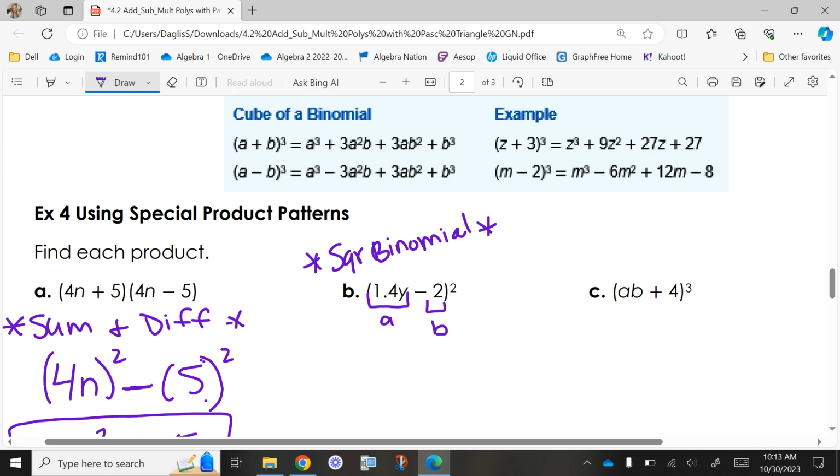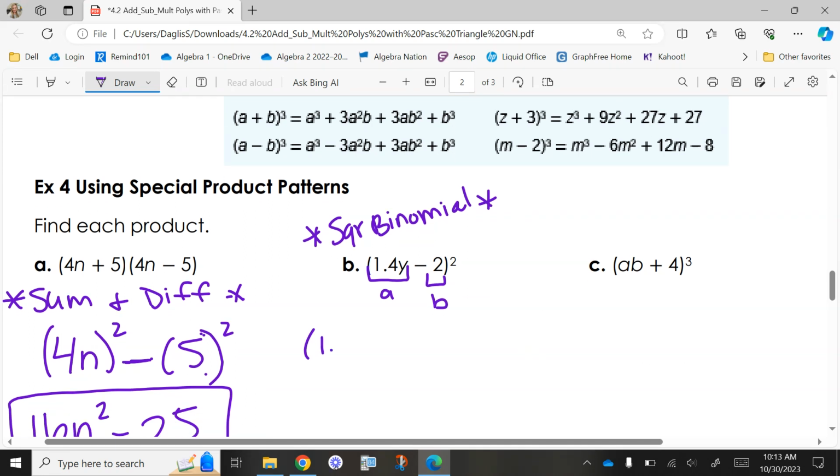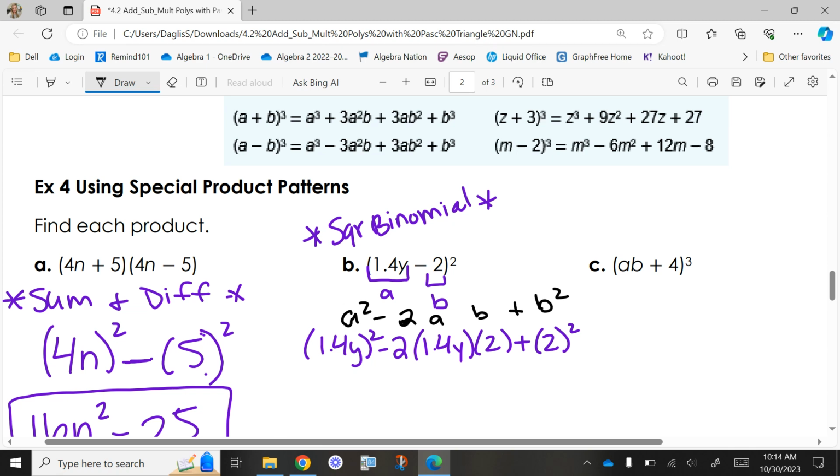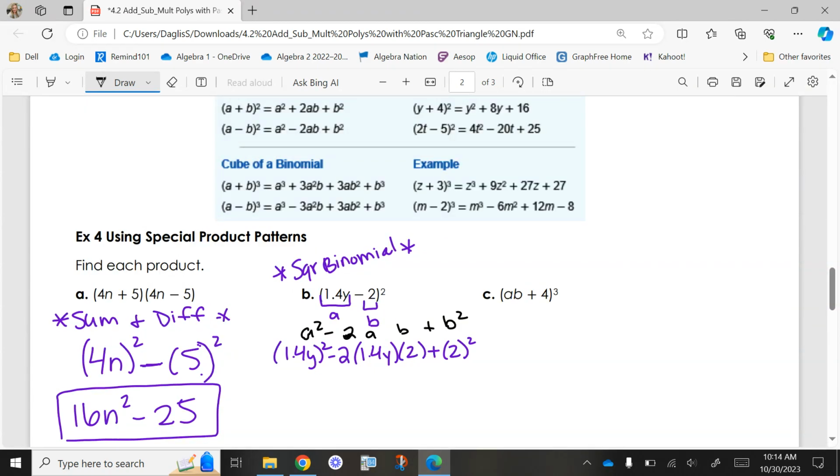So a squared is going to be 1.4y squared, minus 2 times a times b, plus b squared. That's what we're following from this one right here.